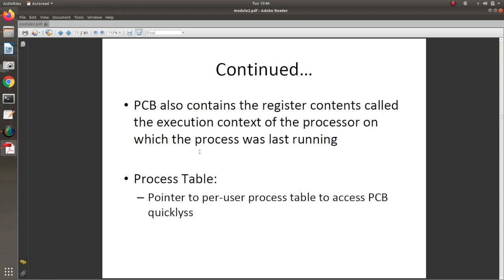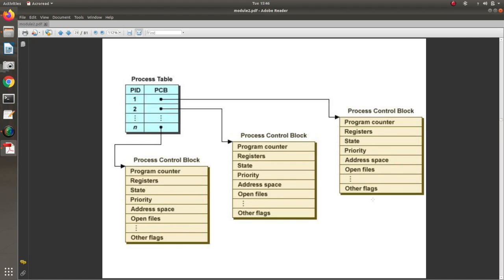The PCB also contains the register contents, that are basically the currently used variables or the data. The process table has a pointer to per user process table, which helps us access the PCB.